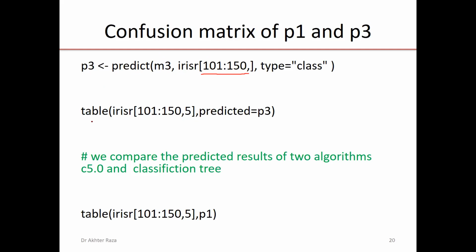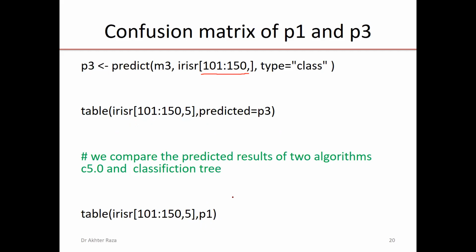Type is class. Table will create the frequency table, or the contingency table, of P3 and P1. The two contingency tables are shown. One command shows the contingency table with the values predicted by model 3, P3, and the second command shows the contingency table by model 1.